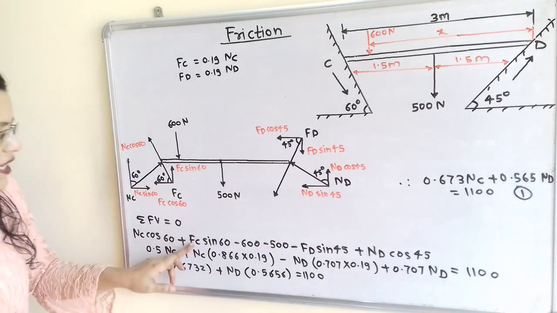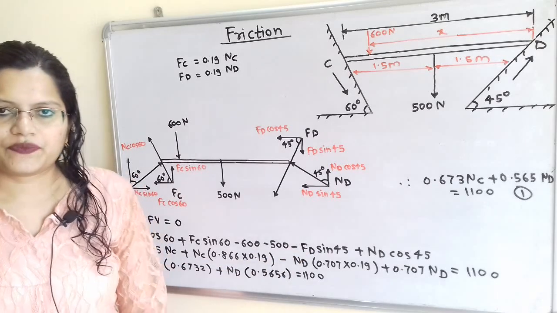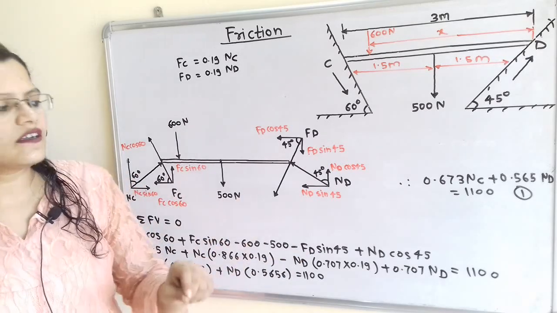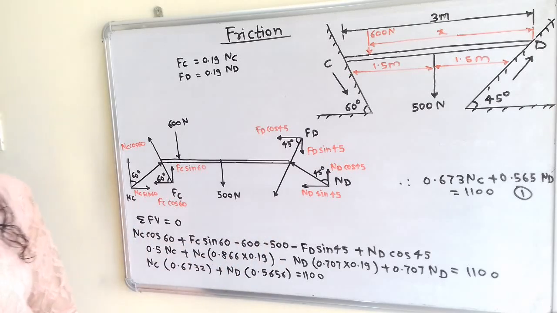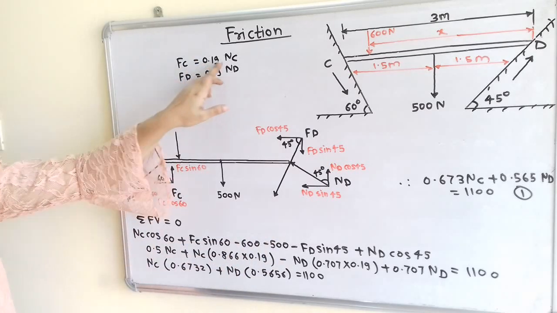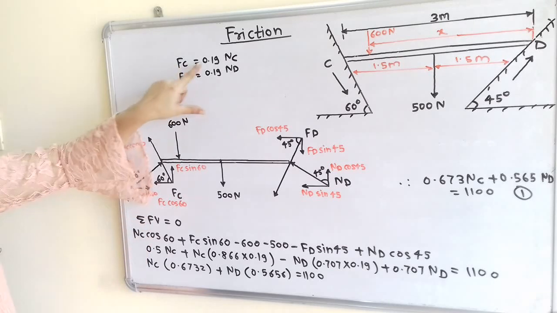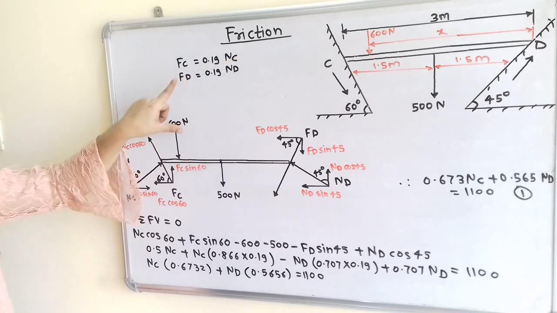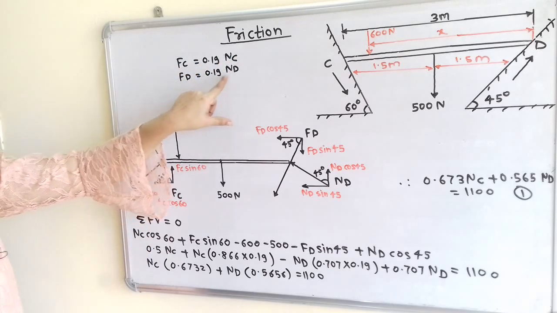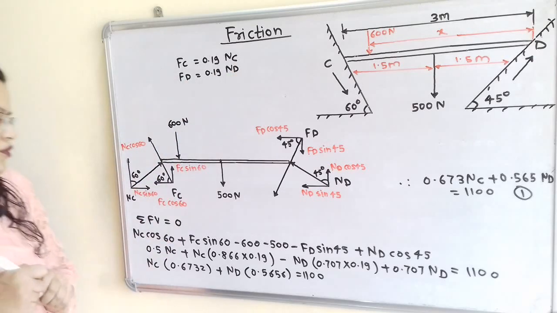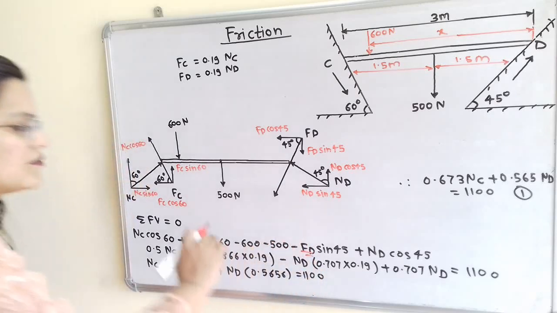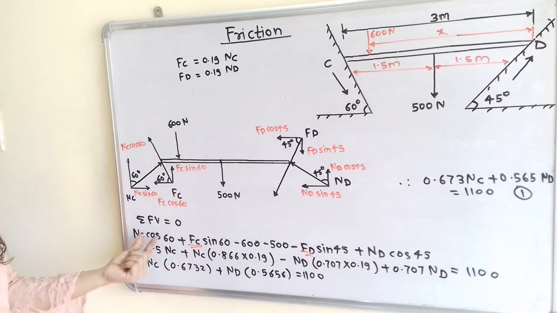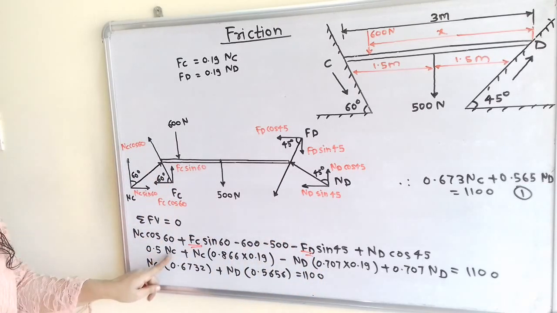Now this FC as well as FD we have to write in terms of NC as well as ND. The coefficient of friction mu is given as 0.19. So we can say that FC is equal to 0.19 NC and FD is equal to 0.19 ND. So we have to replace FC as well as FD in terms of NC and ND. So cos 60 is 0.5 NC.